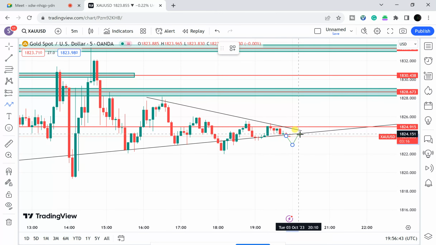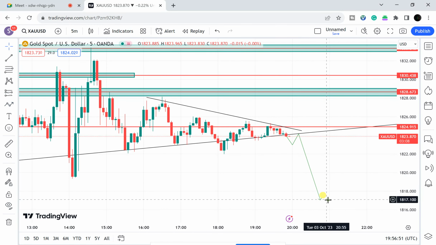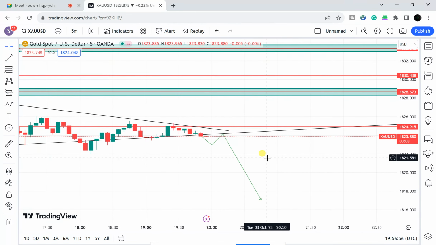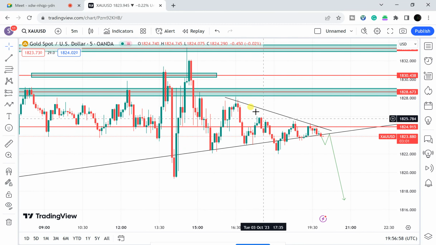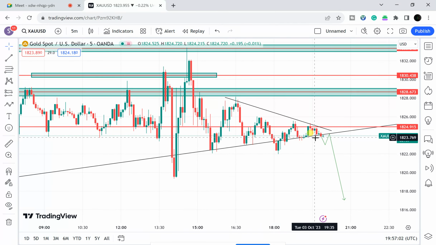Then they will wait for the retest. They will enter at the retest of this breakout, and they will now wait for the sell. This is what they will be looking for. So we already have a pattern forming in this particular market.